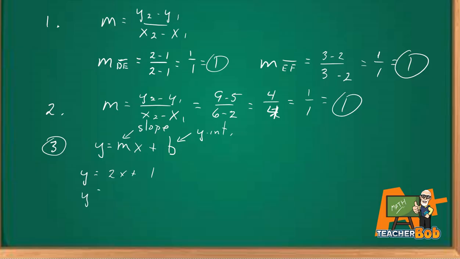And the other line is y is equal to negative x plus 4. Okay, so if you have no coefficient, that's the number in front of a variable, you just assume that it's 1. And in this case, it's a negative 1. So that means we have a slope of negative 1 for the second line.